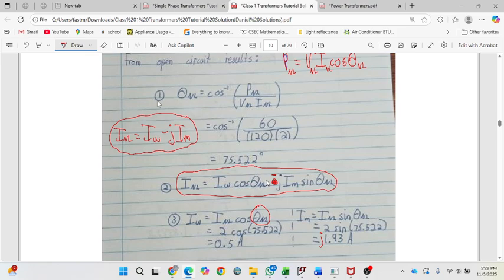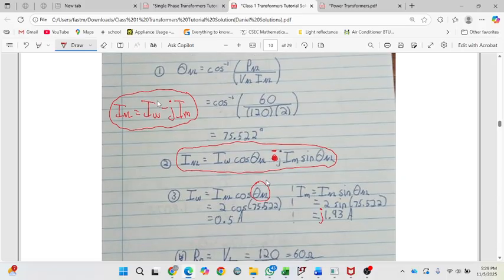For open circuit, once you do the cos inverse of P, V and I, even if P, V or I had a negative for some reason, which is already wrong, you're still not going to end up with a negative angle. The only way we get a negative is with sine, because sine of minus theta is minus sine theta. But don't worry yourself, that is too trivial.